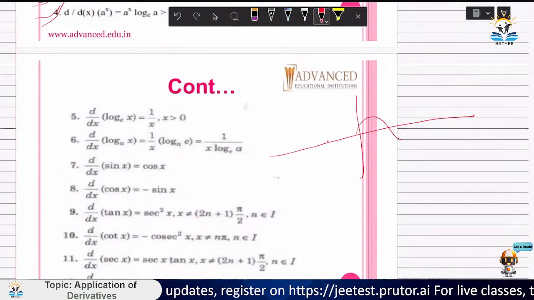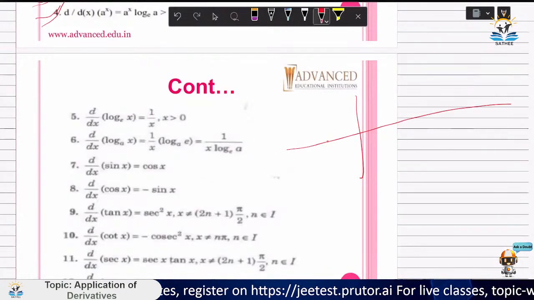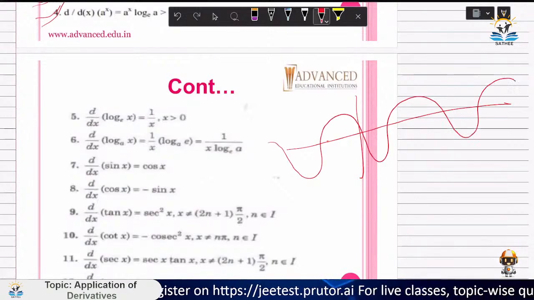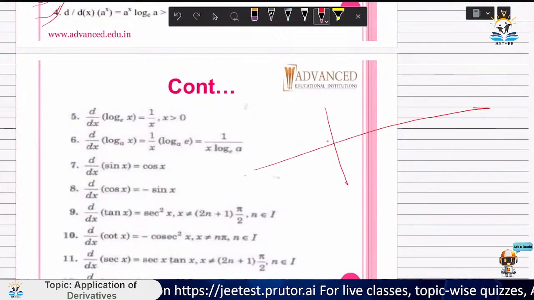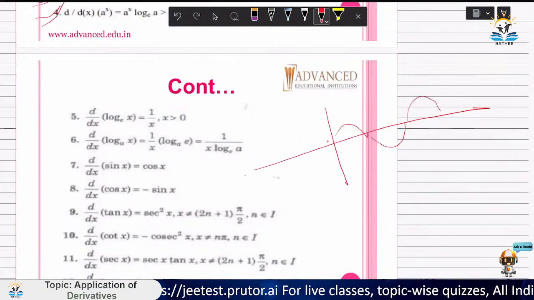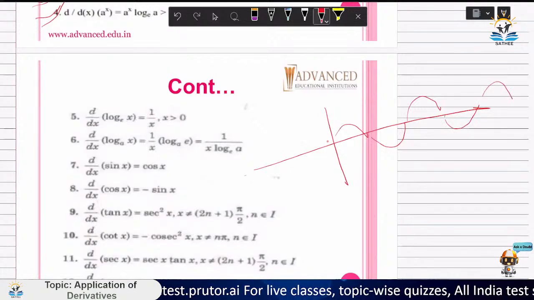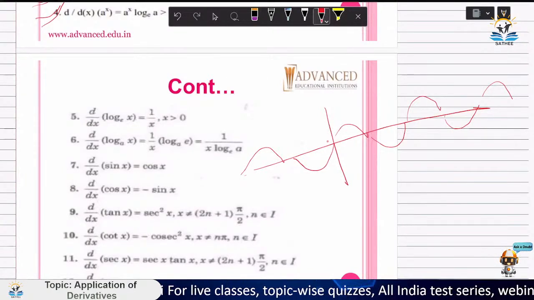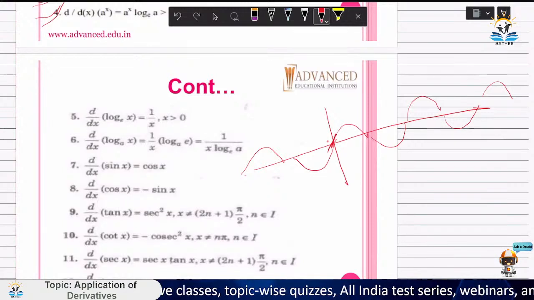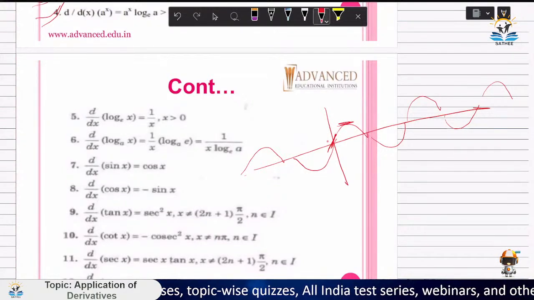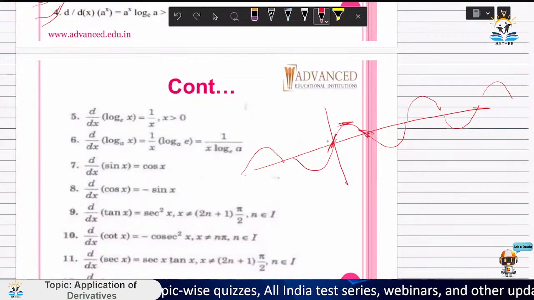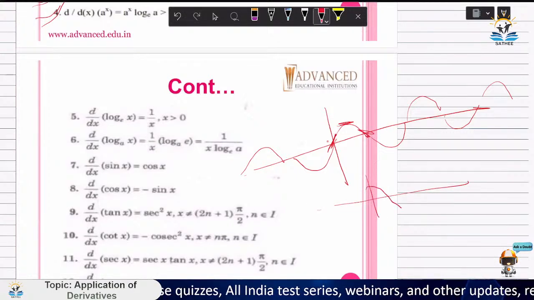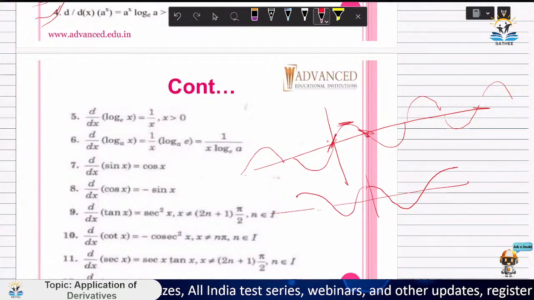This is the sine curve, a rough draft of it. If you check the slope on the sine curve, here it is 1, here it is 0, here it is minus 1. So this is more or less a cos graph.